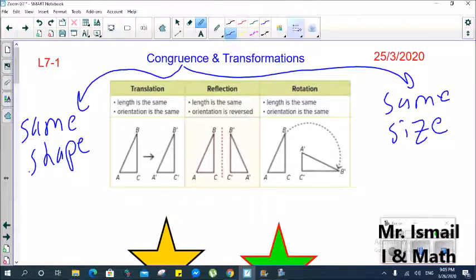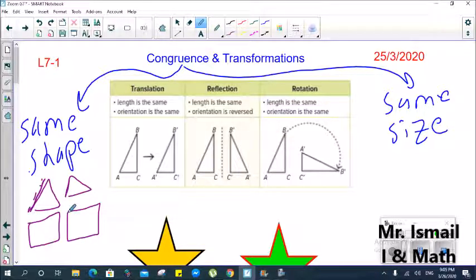Same shape, triangle stays triangle, rectangle stays rectangle. The same shape, same size, same measure. 5 centimeters stays 5 centimeters. 8 centimeters stays 8 centimeters.